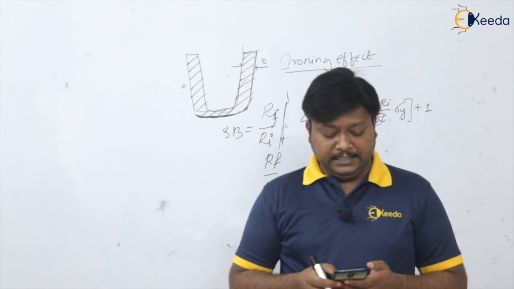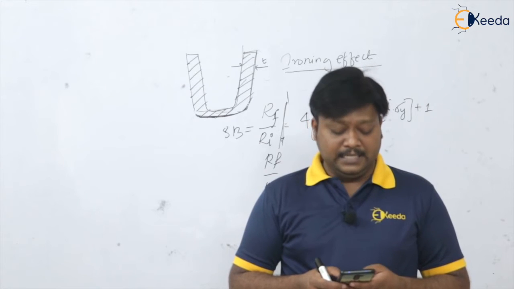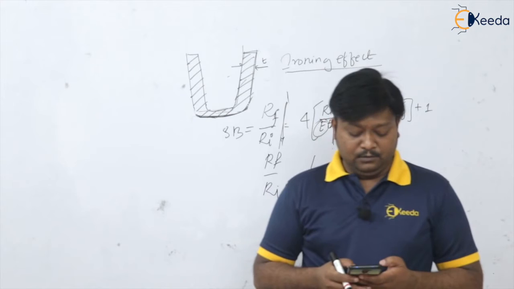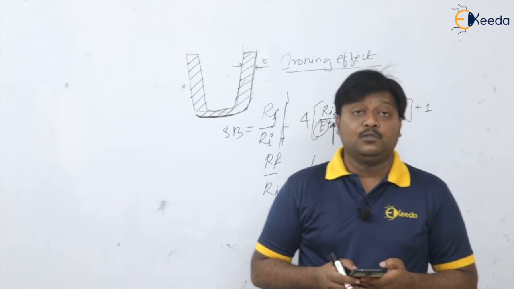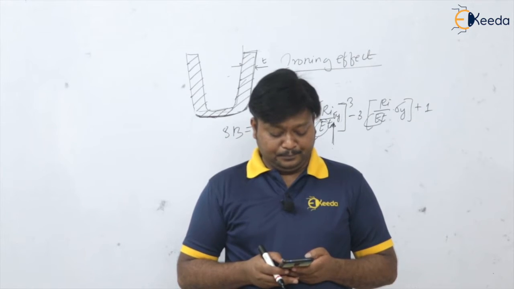B, increase the ductility of the sheet. Option C, decrease the speed of blanking. And option D, provide the shear on the punch. So the only thing is that we have to reduce the gap between the punch and die, then only we are able to improve the surface smoothness and squareness.